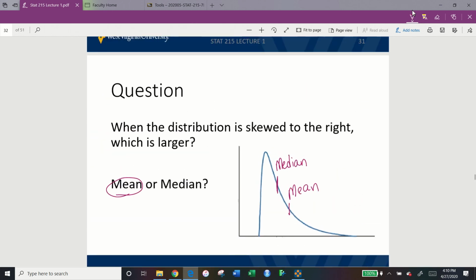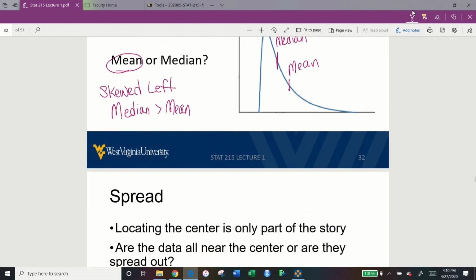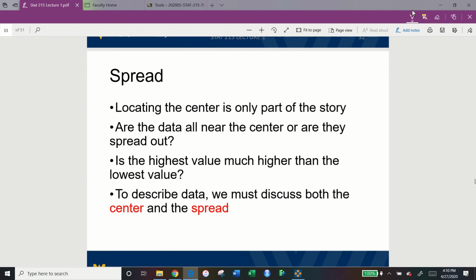Before we move on though, I do want you to recognize that when it's skewed left, the opposite is going to be true. This is something important to remember. It might come up on a quiz question or an exam question. It's an easy true-false type question.